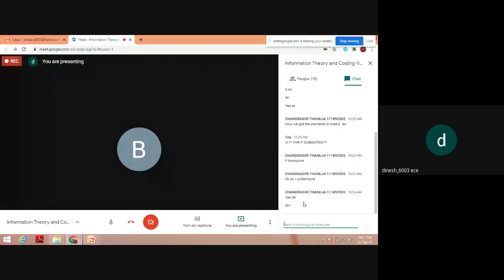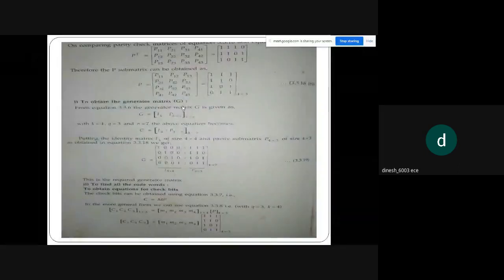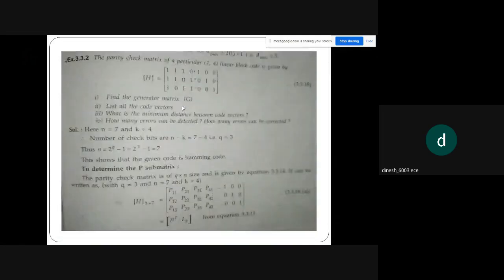Next, going to the slide, we need to find the generator matrix, because our question is to determine that. Find the generator matrix is the question.